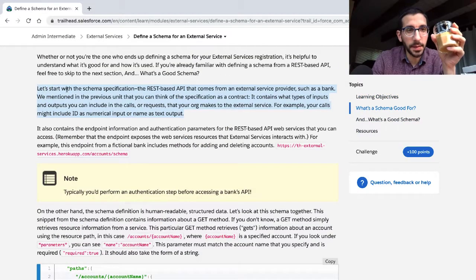Okay, so let's start with a schema specification, the REST-based API that comes from an external service provider such as a bank. We mentioned in the previous unit that you can think of the specification as a contract. I honestly don't remember that. It contains what types of inputs and outputs you can include in the calls or requests that your org makes to the external service.